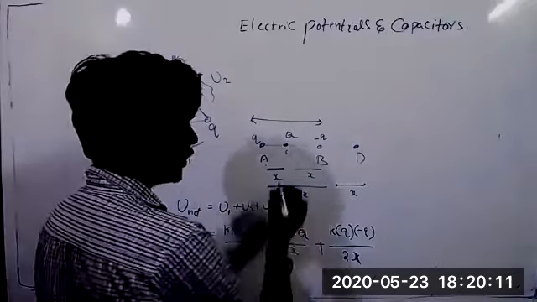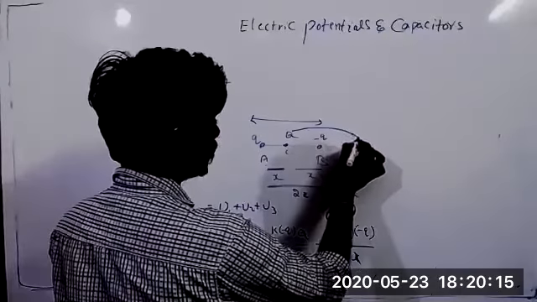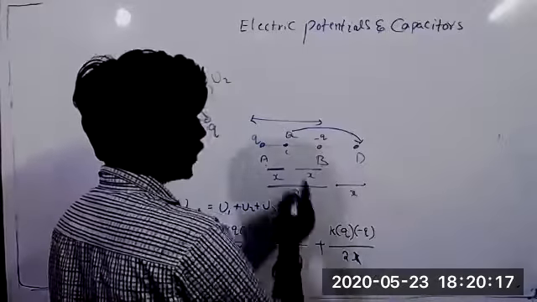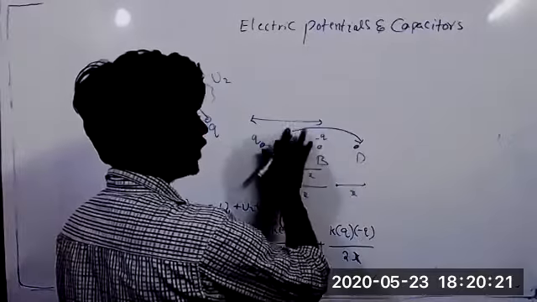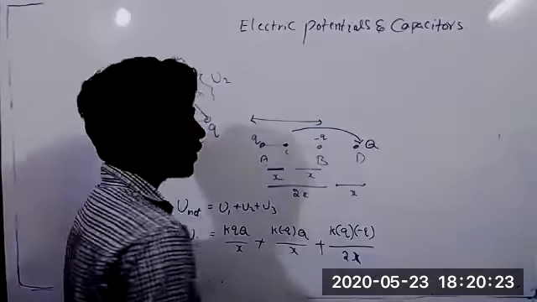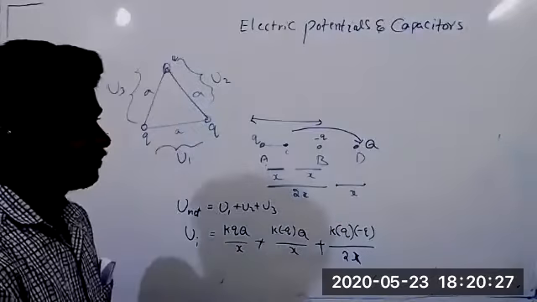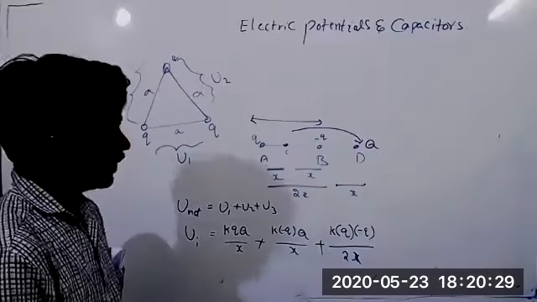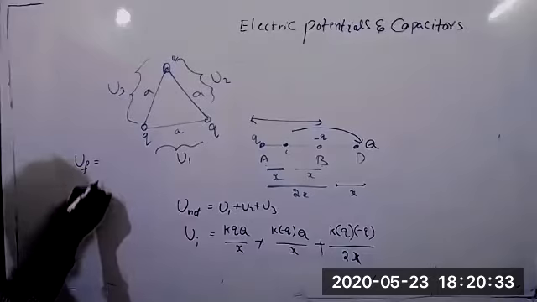Now what I am doing, I will move this charge from C to D. Now this charge will be here. Now what will happen? Potential energy will change or not? Will change, sir. Yes, the final potential energy. What is the final potential energy?